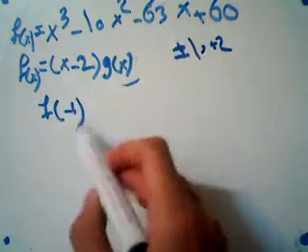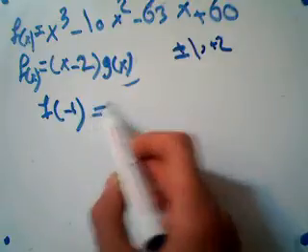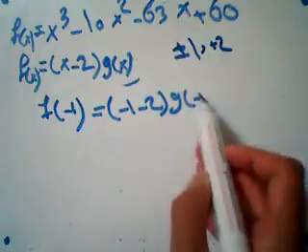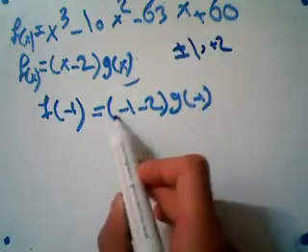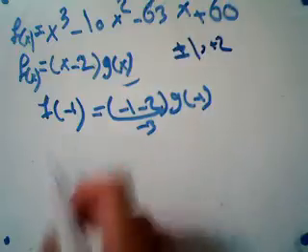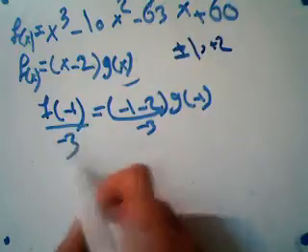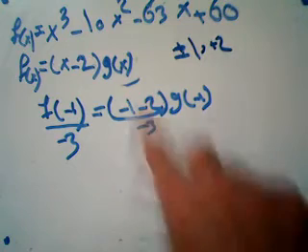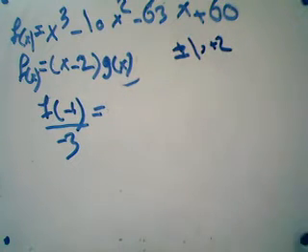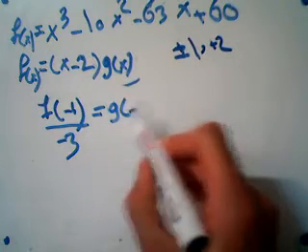That means f of minus 1 equals minus 1 minus 2 times g of minus 1. Okay, what is it? This is minus 3. Divide both sides by minus 3, and this would go away. We get g of minus 1.